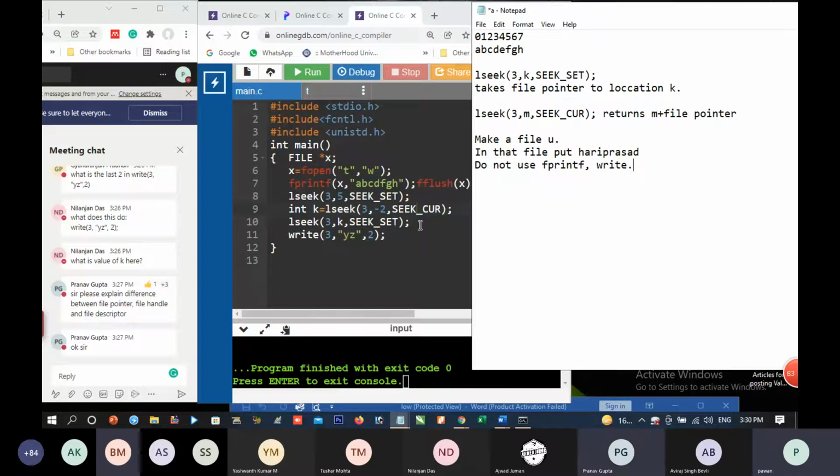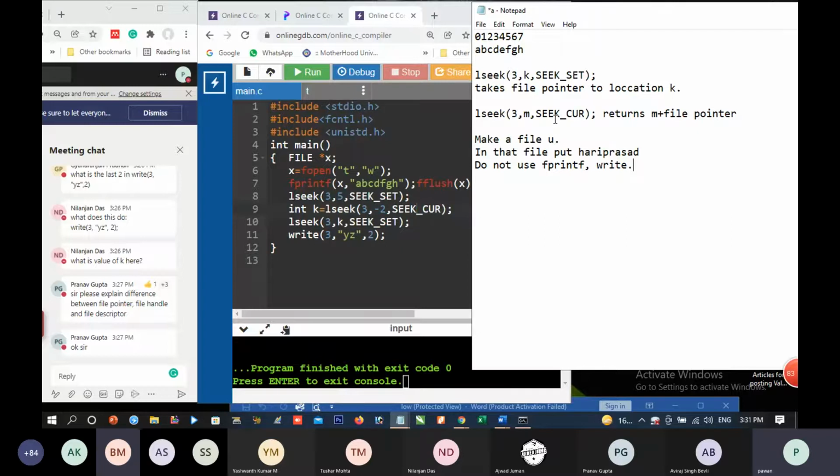Inside lseek, if we put a negative number, then the file pointer does not change. lseek with SEEK_SET will take the file pointer to location k and will return k also. lseek with m and SEEK_CUR will return m plus the file pointer, and the file pointer will go to a garbage place.